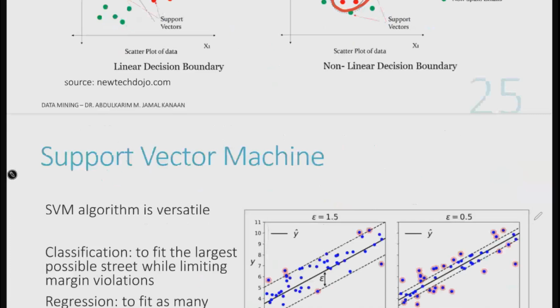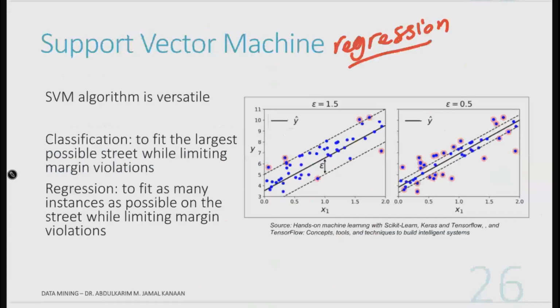Also, support vector machine can be used for regression. Some algorithms you need to keep in mind can work for both regression and classification problems, but not all. Logistic regression is only classification, linear regression is only regression, but other algorithms like support vector machine can work on both.